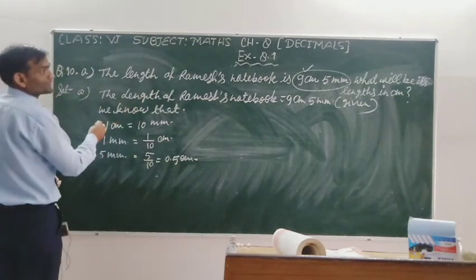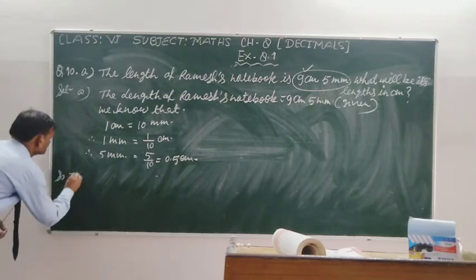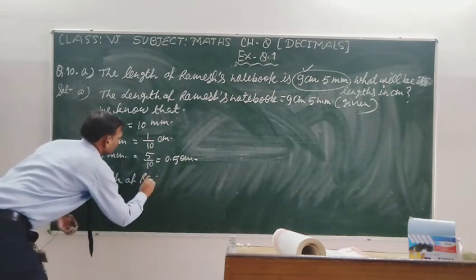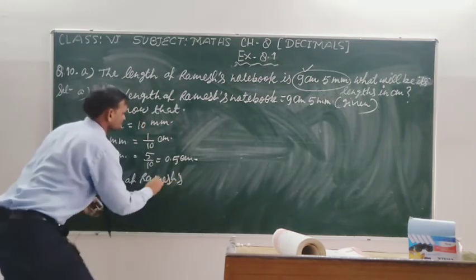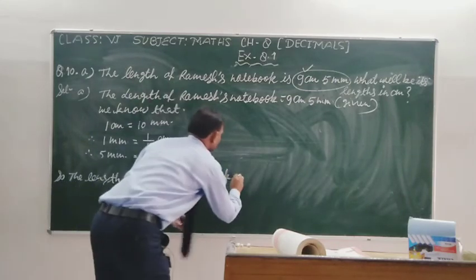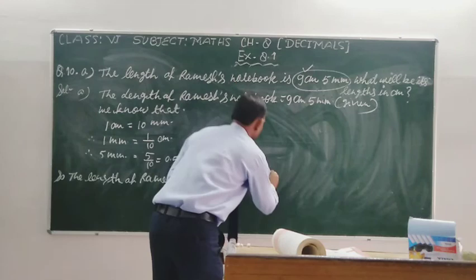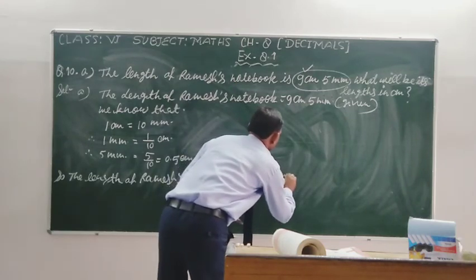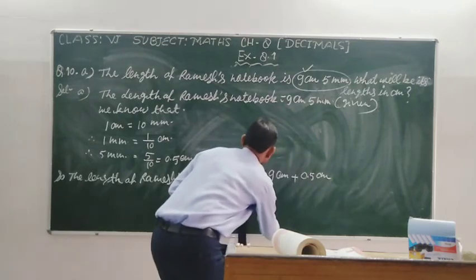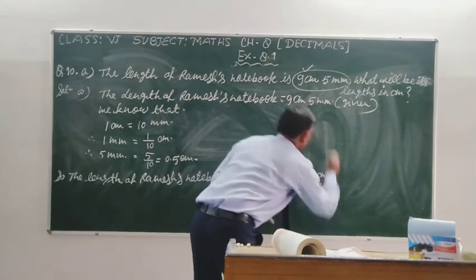So the length of Ramesh's notebook in centimeter is equal to 9 centimeter plus 0.5 centimeter, which is equal to 9.5 centimeter. This is my answer.